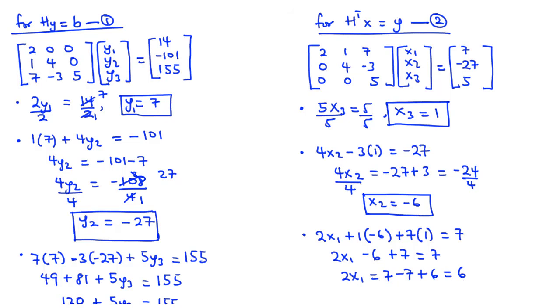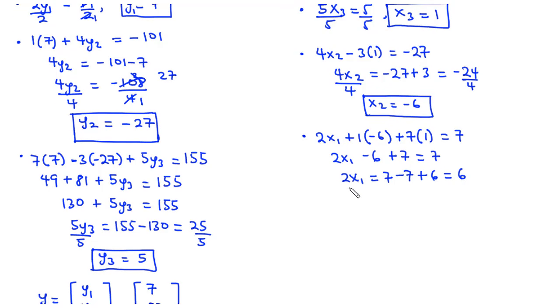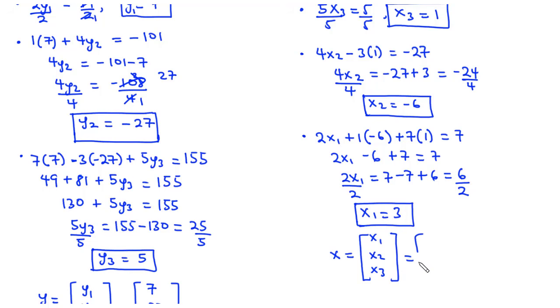So we basically divide through by 2, and then we have x1 equal to 3. Therefore we have the solution vector x equal to the column matrix x1, x2, x3, and that is equal to x1 3, x2 negative 6, x3 1.